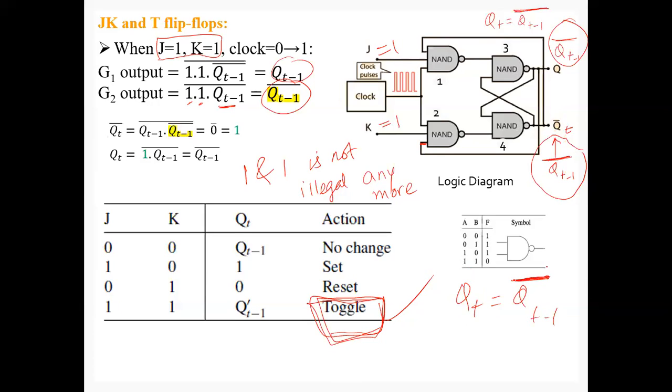But the thing is, we are happy right now. Even though we don't know what it does, we're happy. You know why? Because 1 and 1 is not illegal anymore. That's why we are celebrating. That's the big news.